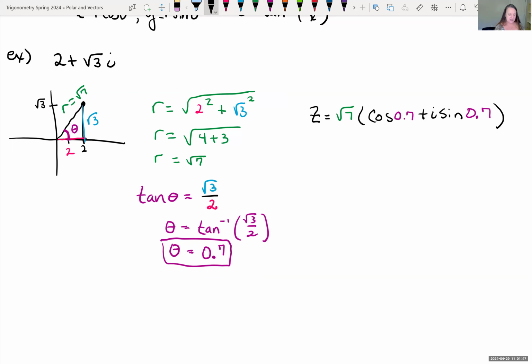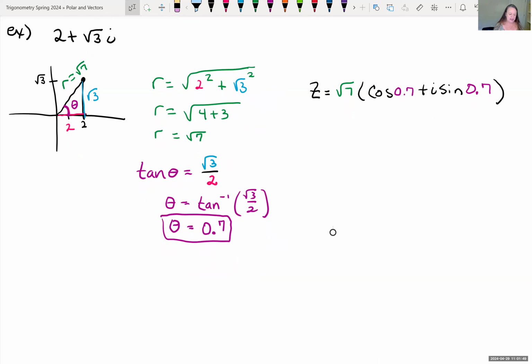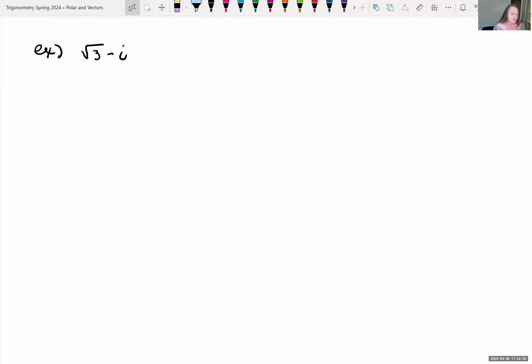So I just want to show that if we did this, we're going to get back approximately the same thing. If we plug that into the calculator, we get back approximately what we got over here, because we rounded, 2 plus root 3i. So let me pull up Desmos real quick. We plugged those values back into Desmos and we got exactly what we had in the complex number in rectangular form.